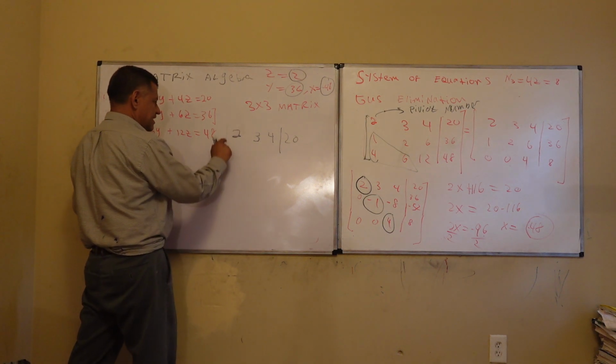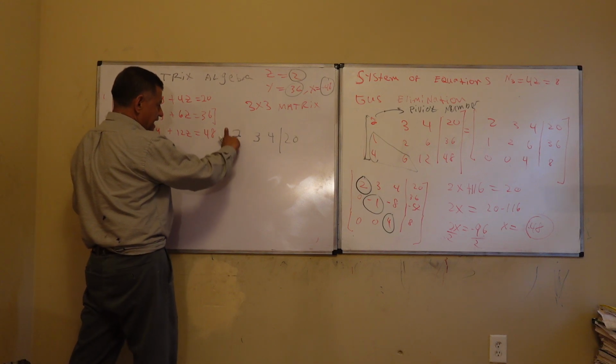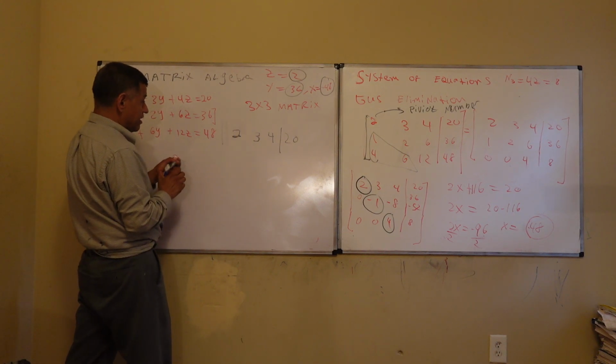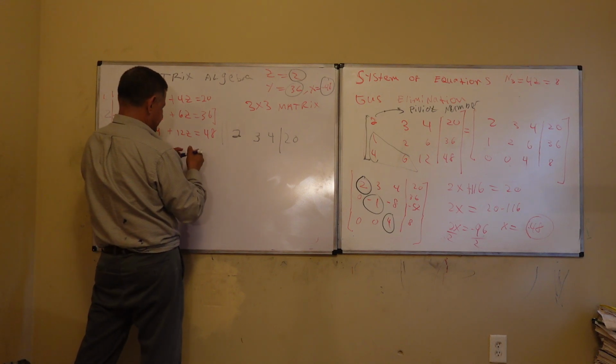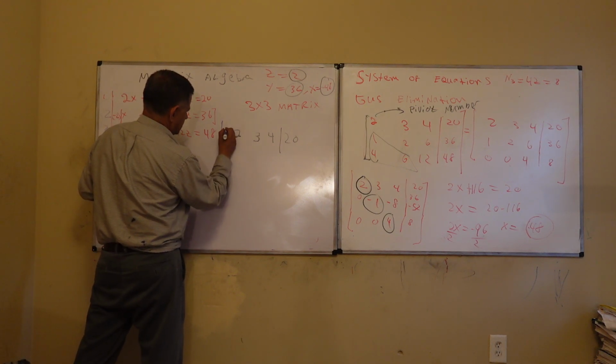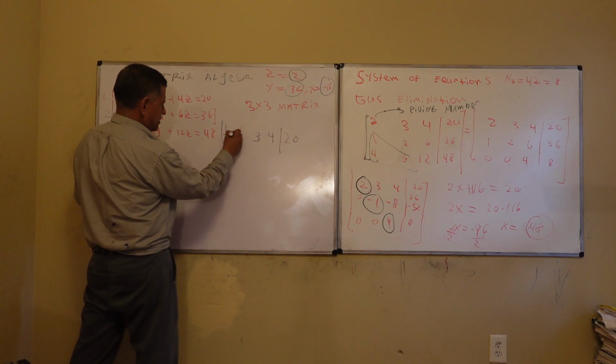Okay, so I need to make this guy a 1. How do I do that? Well, multiply it by 1/2. That's a 1.